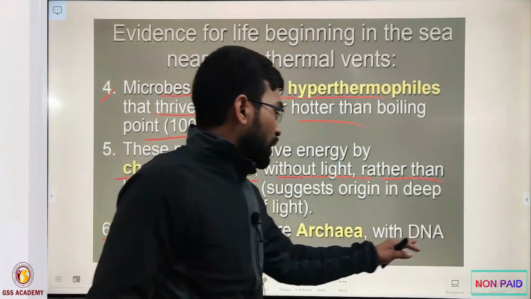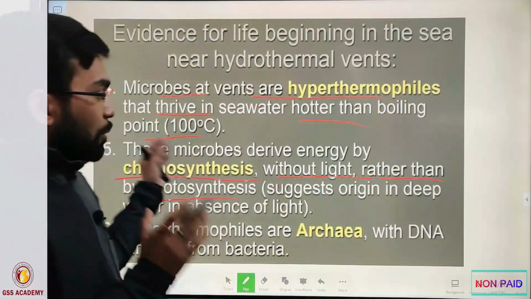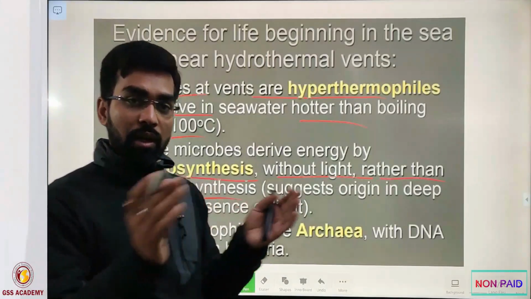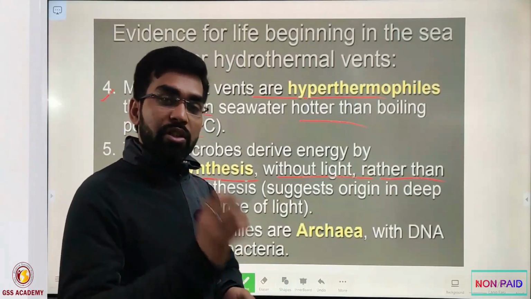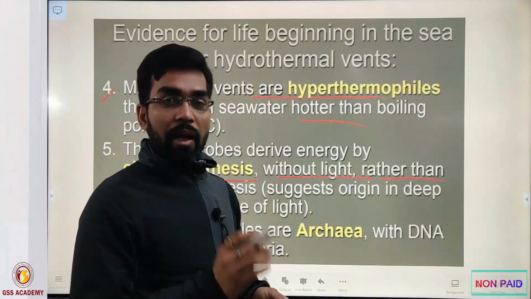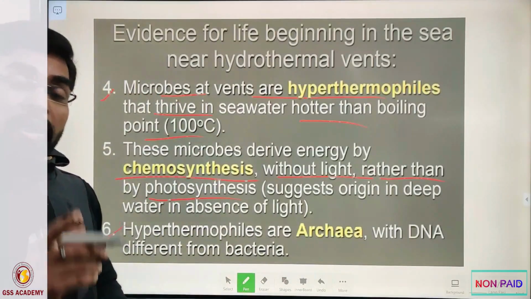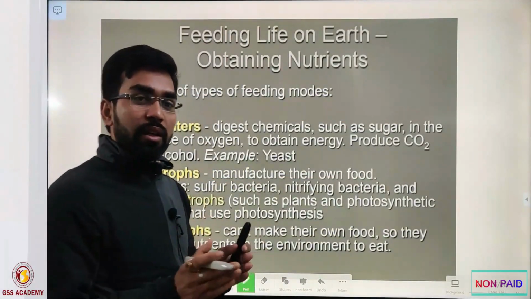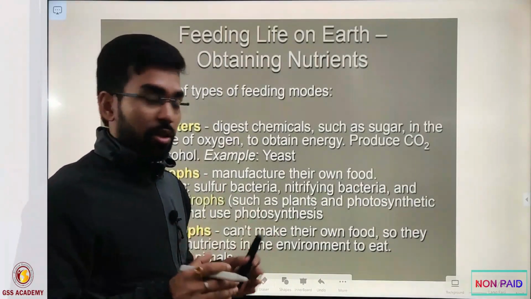Hyperthermophiles are known with DNA. So the first life most probably formed around the hydrothermal vent where nutrition is sufficient for life to survive. But at that time, the life that formed was generally prokaryotic in nature.